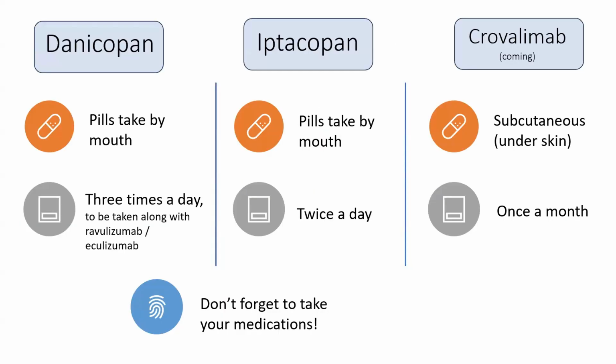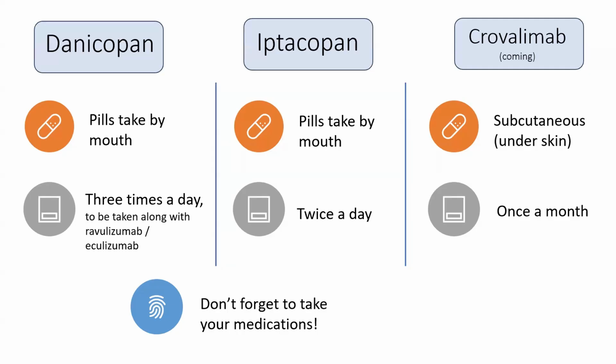And then now we have 3 more therapies that are potentially available or coming down the pipeline. So danicopan, iptacopan, you have to learn to pronounce these names, are now Health Canada approved, which means the studies are very good. Health Canada says, yes, this is something that we will approve. The Province of Manitoba has not yet taken it on, but they are available through what's called a compassion access program from the drug companies that make them.